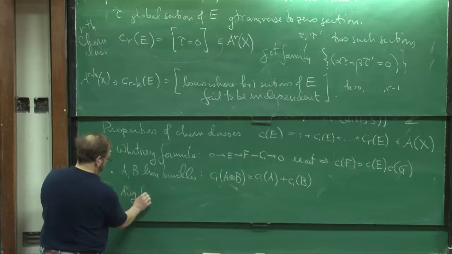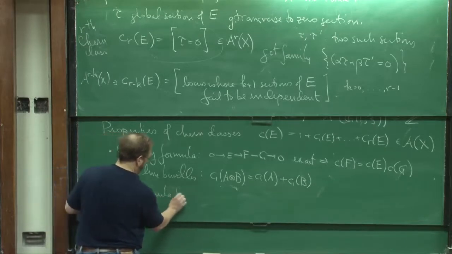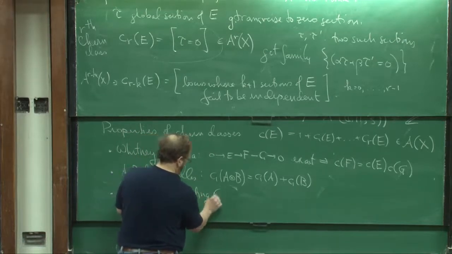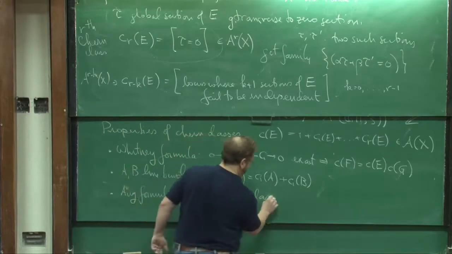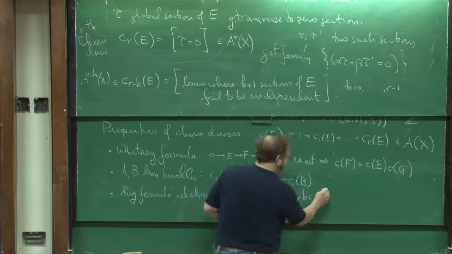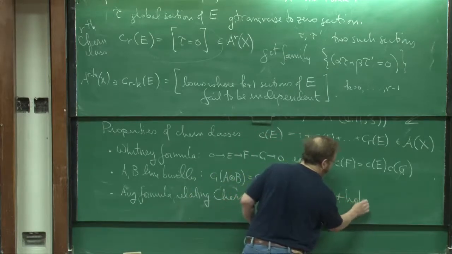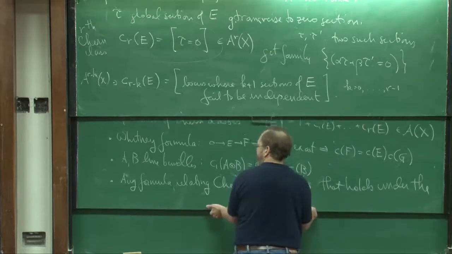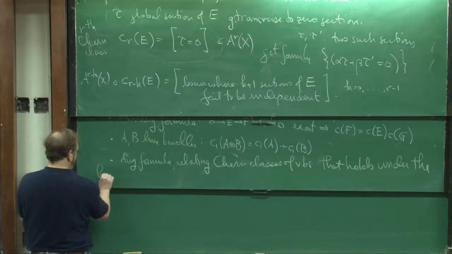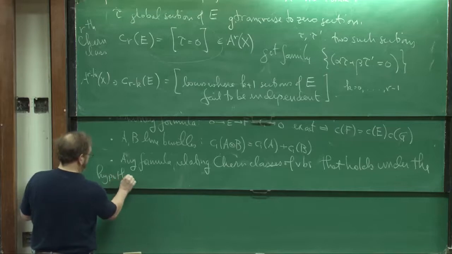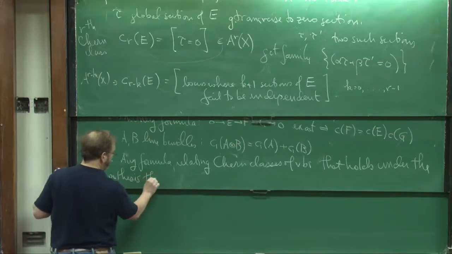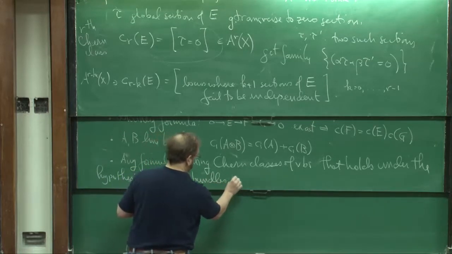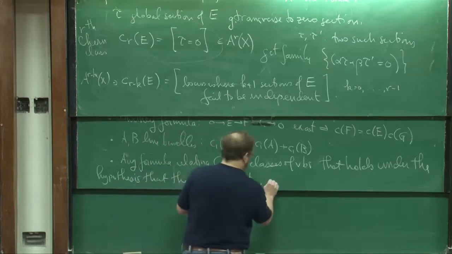Any formula for relating the Chern classes of vector bundles that holds under the additional hypothesis that the bundles split, in other words, that they are direct sums of line bundles, holds in general.